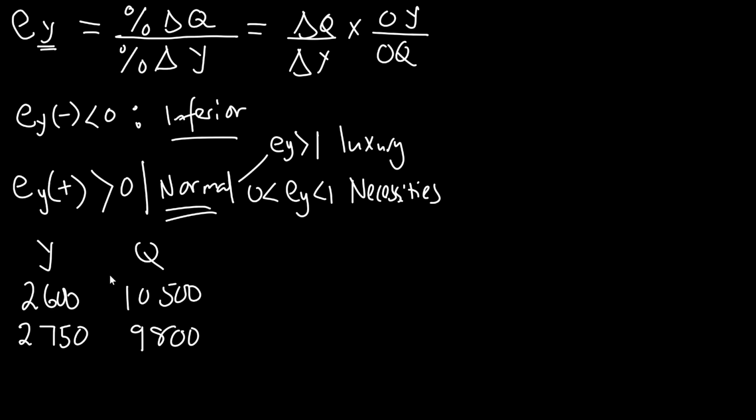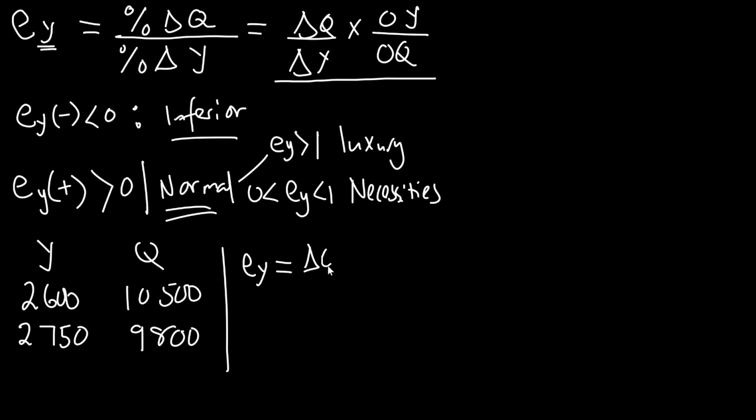To calculate the income elasticity of demand here, I'm going to take this second formula, which is the one I prefer, but you can use the other. Pause the video. If you prefer the other formula, try it, and then restart the video when you're done.